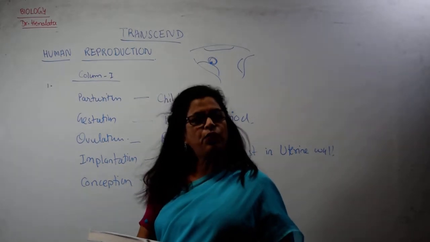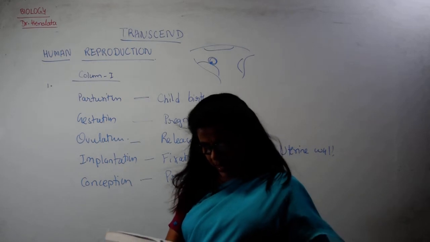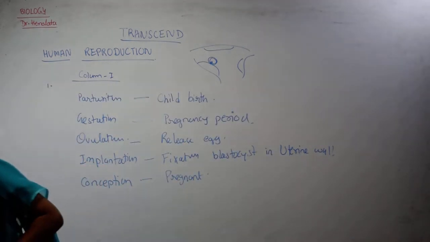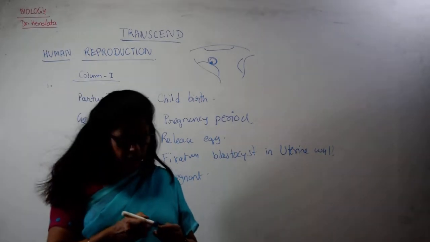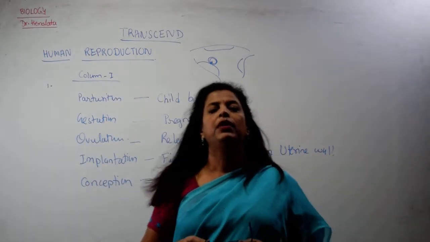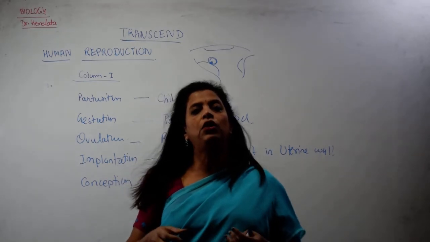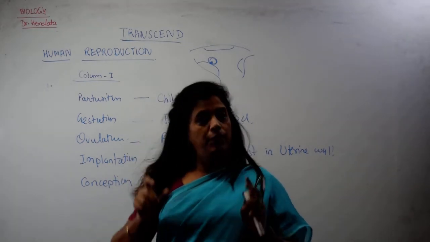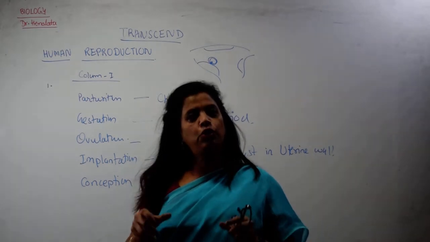Okay. Next is the fourth question. Bartholin glands are situated. Before entering into this, let me discuss the Bartholin glands. In females, the Bartholin glands are present on either side of the external labia majora.